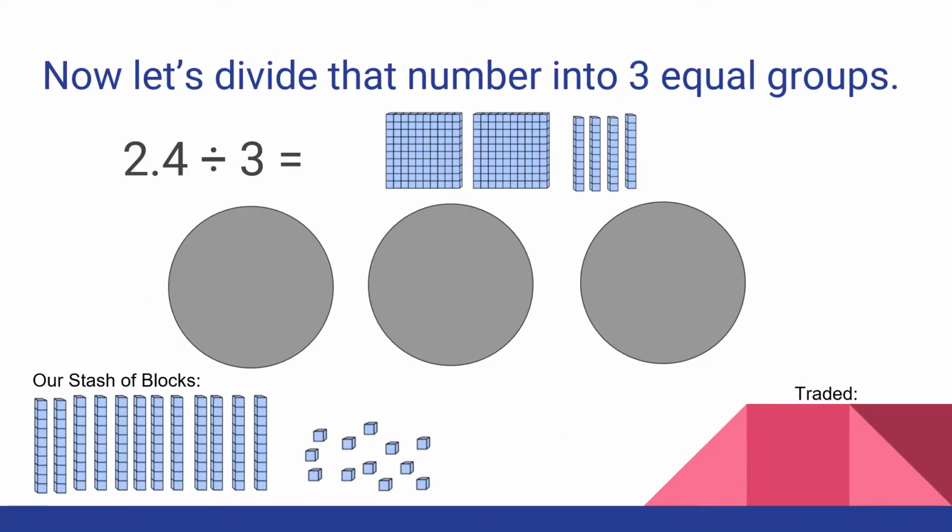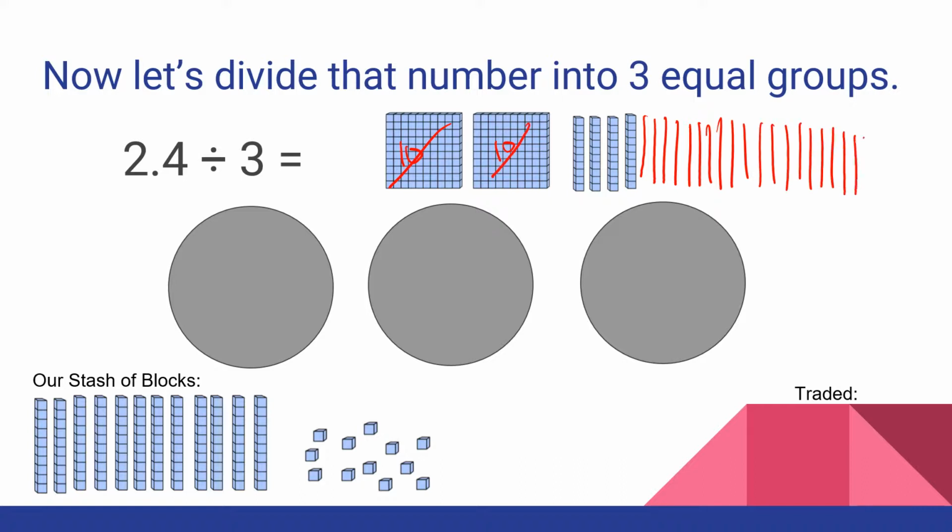So I've got 2 wholes and 4 tenths divided by 3. Well, if everything is in tens, let's just make all of these tens. So this 1 whole is 10 tenths: 1, 2, 3, 4, 5, 6, 7, 8, 9, 10. And this other whole turned into 10 tenths too.